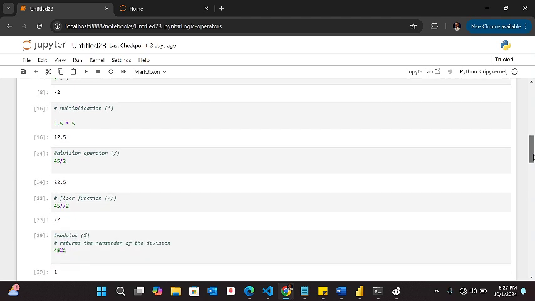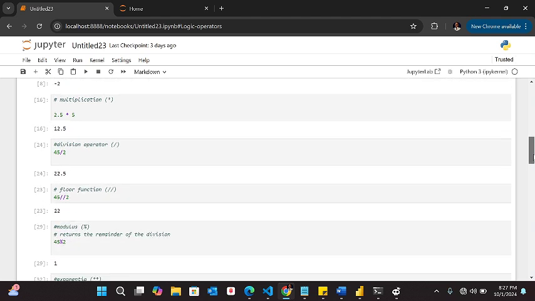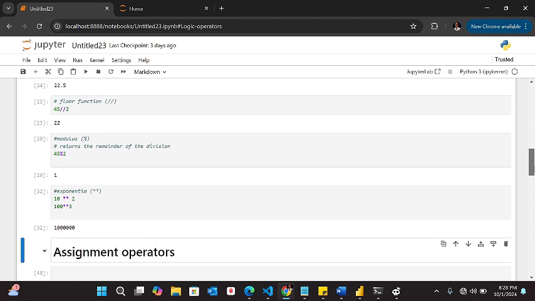We also have the modulus, which only returns the remainder of a division. And then we have the exponential, which is used to raise to a power, right?